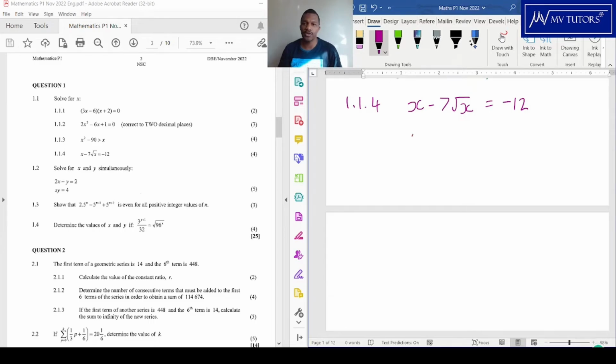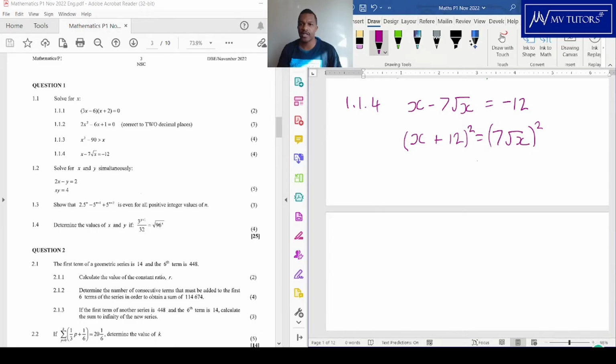So I'll keep the x this side, bring the 12 this side so that it becomes a positive 12, and then take the surd to the other side so that it becomes 7 square root of x. From this point, I can put brackets around everything and square them to get rid of the surd, because that's how you get rid of a square root. Notice I square everything here.